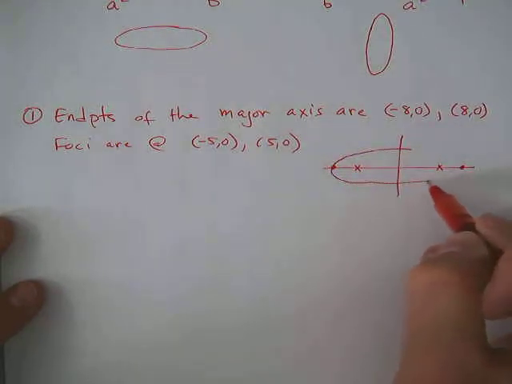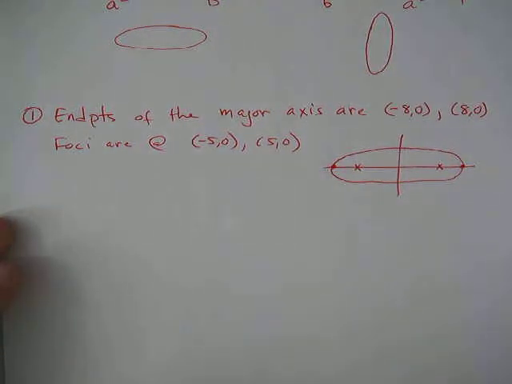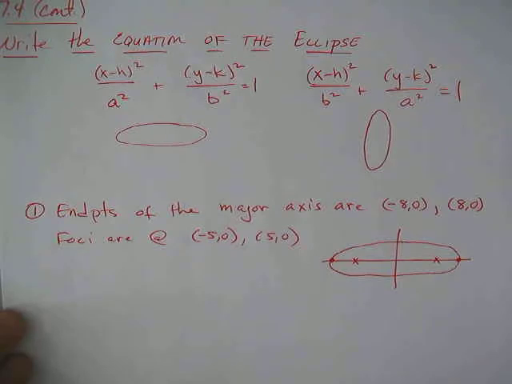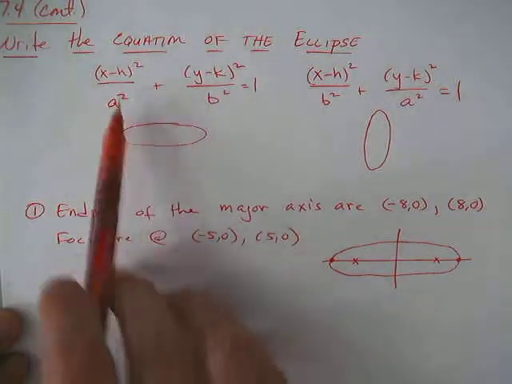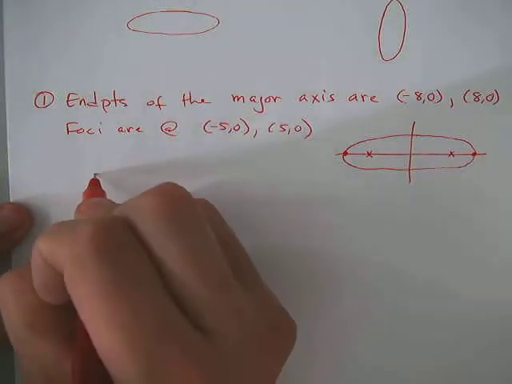So that means my ellipse has to look something like this. Not a bad ellipse right there. Now, the most important thing is it gives us an idea of which type of ellipse this is. If I look back up here, this is obviously going to fall into this category.